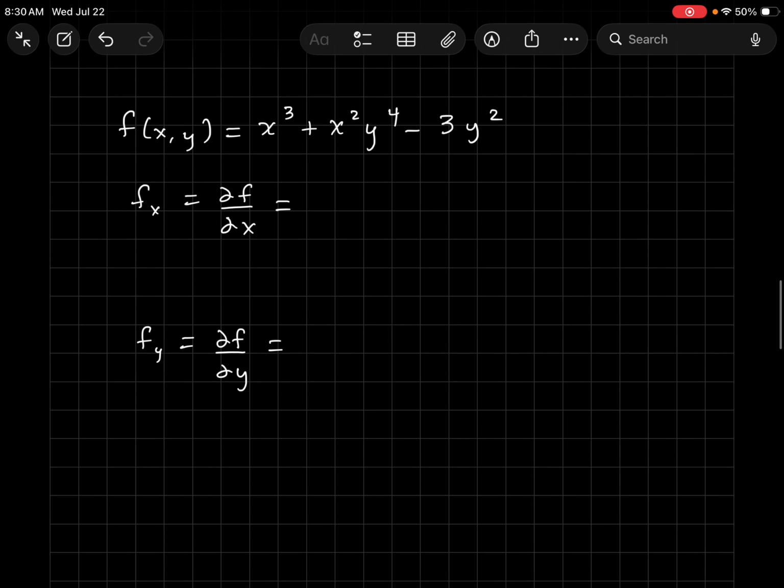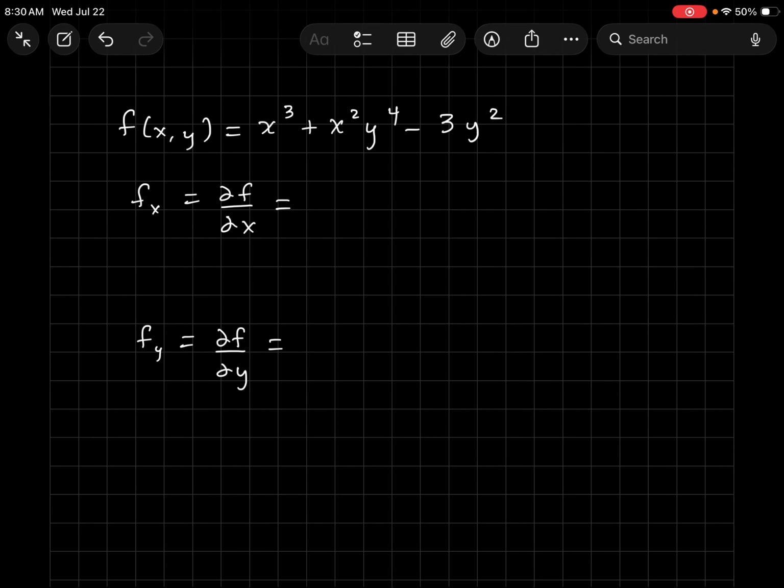Another example. Consider f of x, y equals x cubed plus x squared y to the fourth minus 3y squared. And I'm using both notations here to get you used to it. The partial of f with respect to x is 3x squared plus, now how do we handle this part? It's not a product rule.